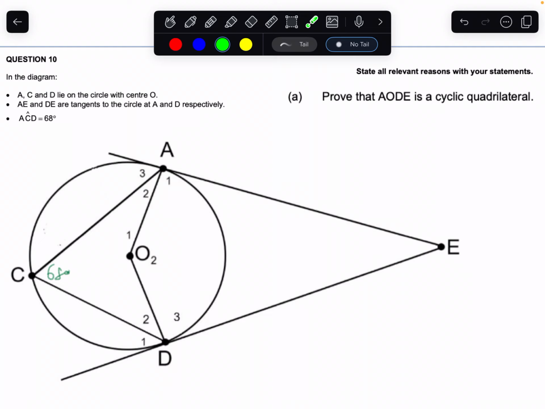We don't have the exterior angle that would be opposite to this one, right? Because that would be go across there. It would be if there was a line going this way, that angle would be opposite to that one, and opposite to this one would be, okay, go across, extend this line. If we had an exterior angle there, it would be opposite to that one. Anyway, so those are all the different ways that you could go about showing that AODE is a cyclic quad.